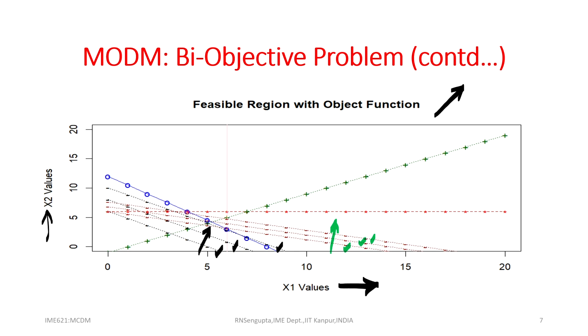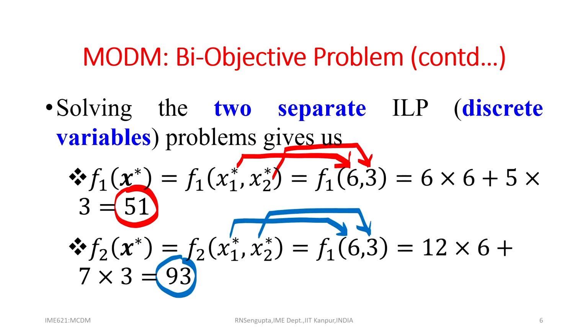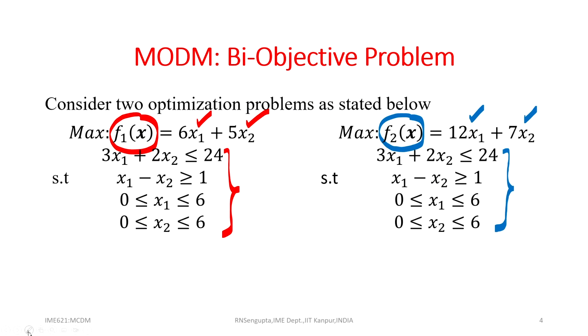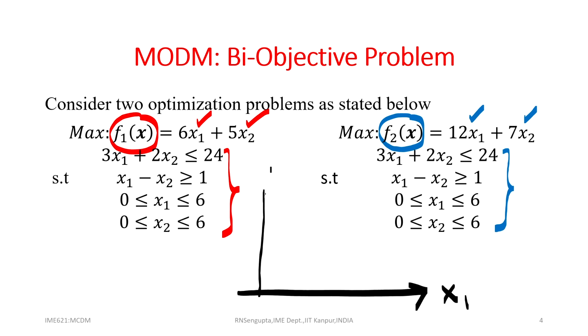Now, let us go back to the feasible region and how it is formed by the constraints. We will come to the diagram, but just for clarity and clarification, this is x1 and this is x2.